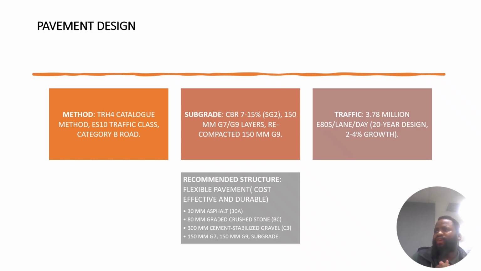And then your traffic is 3.5 million E80s per lane per day, a 20-year design period, and 2 to 4% growth. The recommended structure is a flexible pavement, cost effective and durable. It is 30 mm asphalt, 80 mm graded crushed stone, 30 mm cement stabilized gravel, 150 mm G7, and 150 mm G9 subgrade.